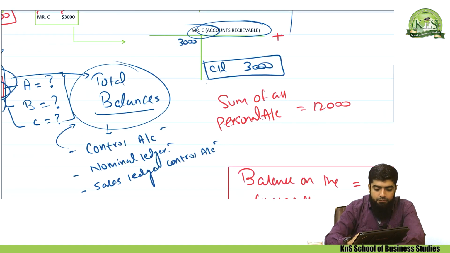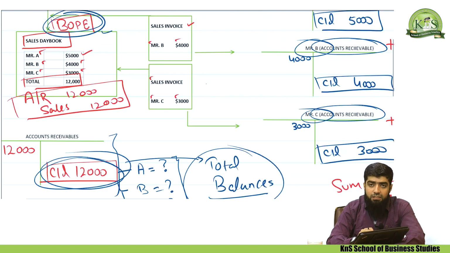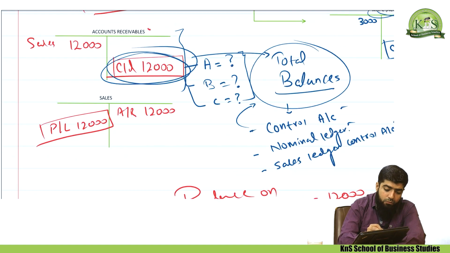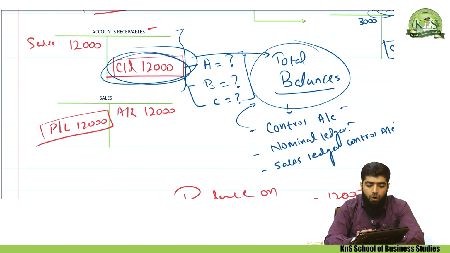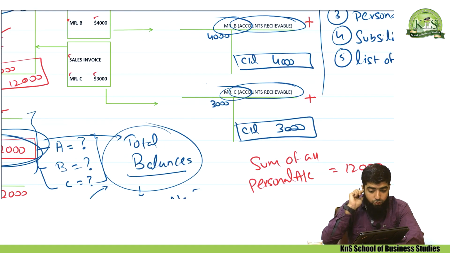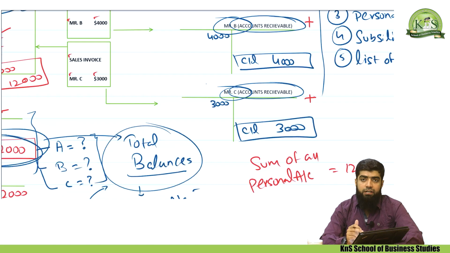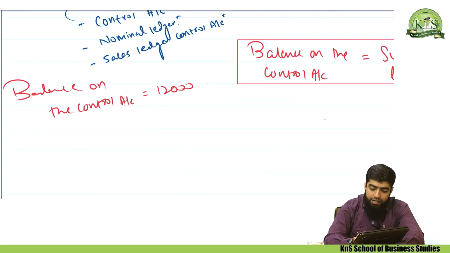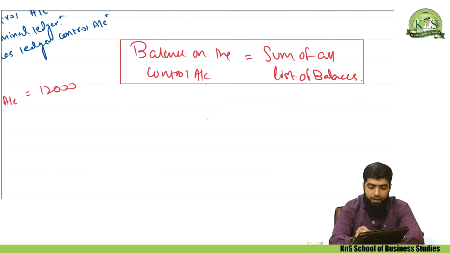Sometimes errors occur in the system, and there might be errors that affect the account receivable control account, or there might be some adjustments or transactions omitted from the personal account or the individual account, because of which the balance on the control account and the sum of total balances don't equal.